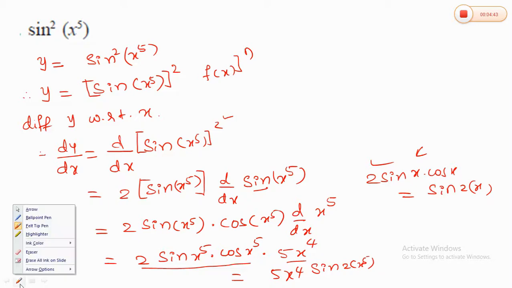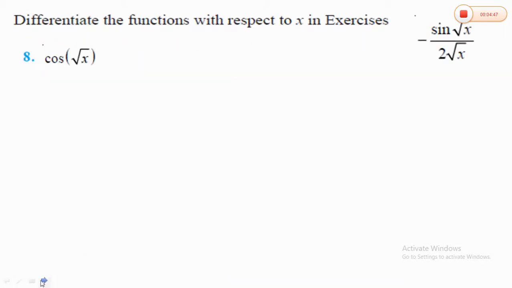So now go for the next example, cos root x. First differentiate cos, then differentiate root x. So this becomes y equal to cos root x. Differentiate with respect to x.